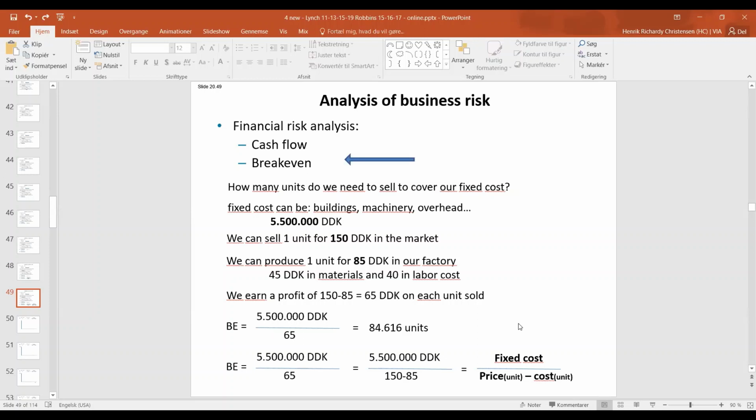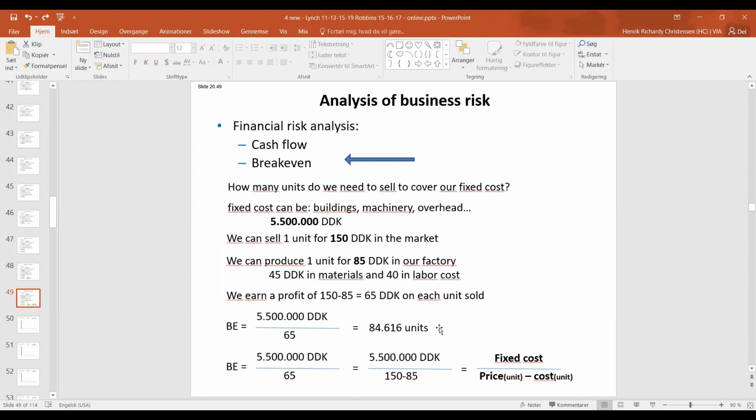Also, another interesting thing about break-even: imagine that this has to do with an option of entering the German market, and we had this market development. If we calculate with this amount of fixed cost to follow that option, and this amount of variable cost, then we have to sell, let's just round up and say, 85,000 units in the German market.